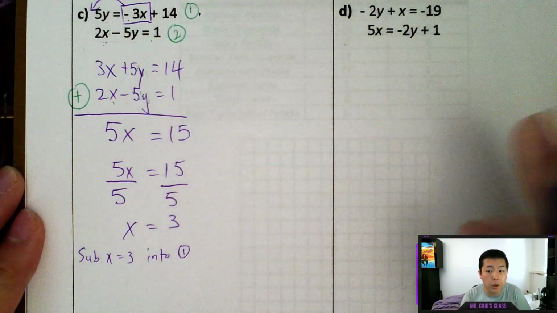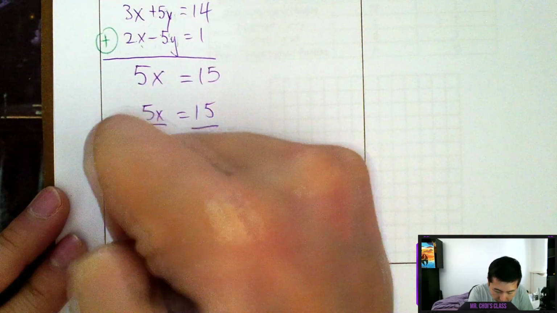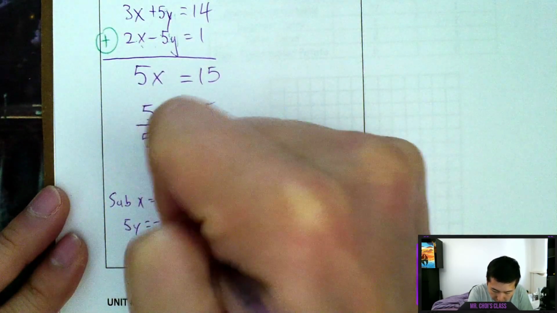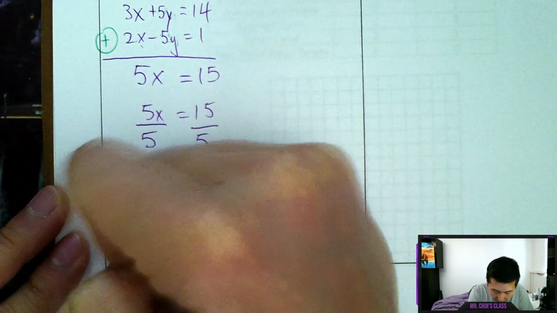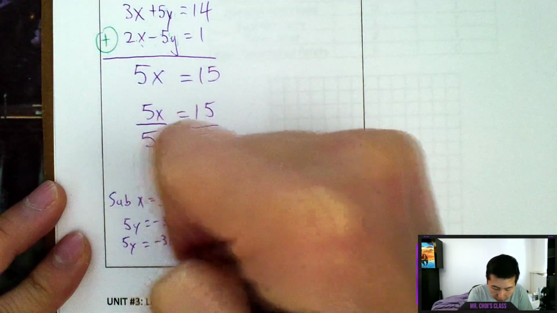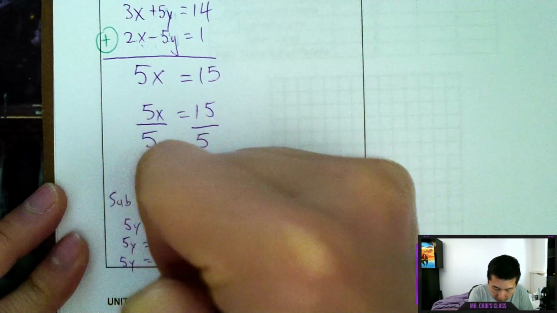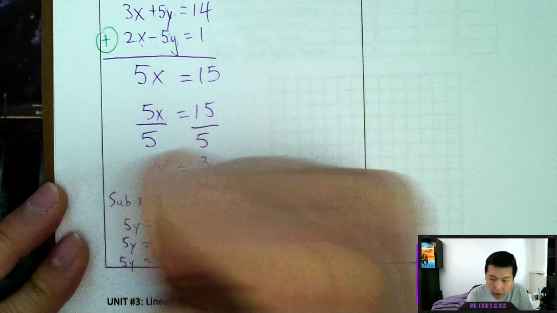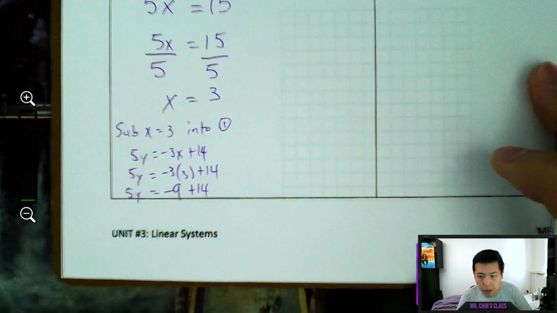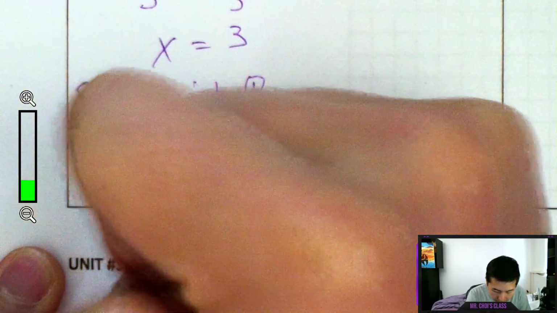Remember, you're always checking your work in the end anyways. So 5y equals negative 3x plus 14. 5y equals negative 3 bracket 3 plus 14. And that's going to give me negative 9 plus 14. I'm running out of space. I'm going to zoom in a little bit here. And so we get 5y is equal to 5.